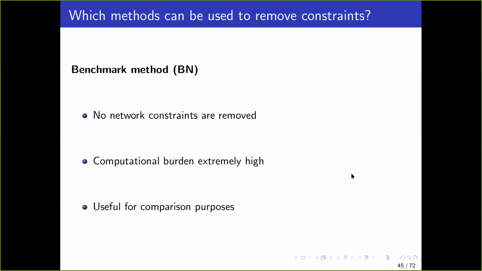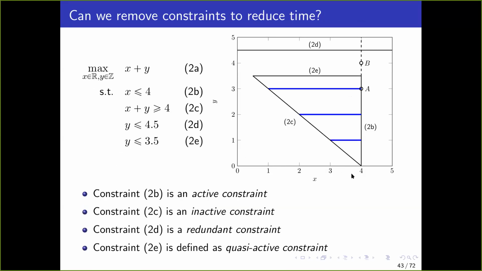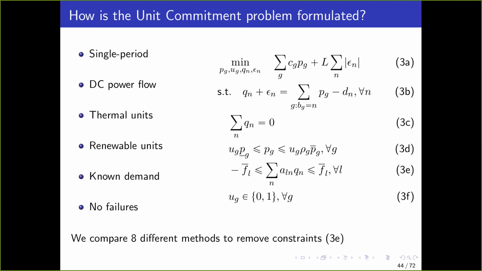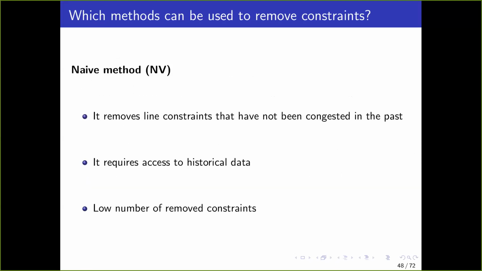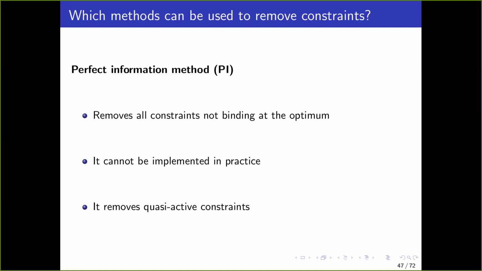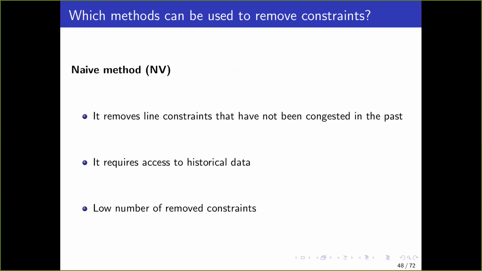And in the example I was showing you before, this method is going to remove 2C, 2E, and 2D. So it's going to remove all of them except 2B. And that's going to change the optimum. So even though you know in advance which constraints are going to be binding, you cannot remove the rest. That's going to give you suboptimal solutions.